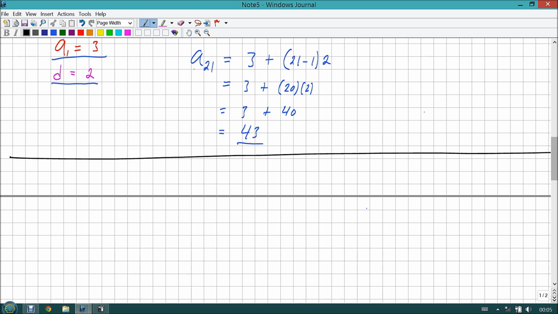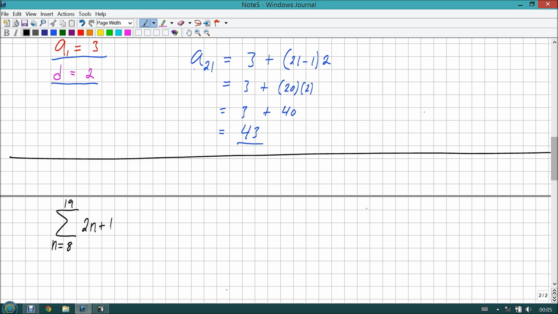Now let's move on to the next piece. The next piece is what happens when I add up a weird number of things. So for an example, let's say that I'm told to find the sum from n equals 8 to 19 of 2n plus 1.